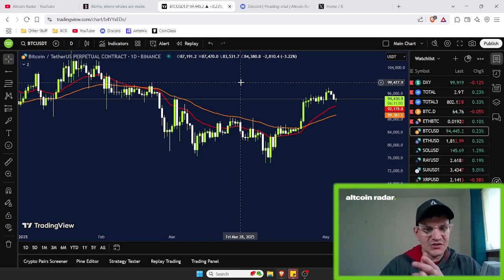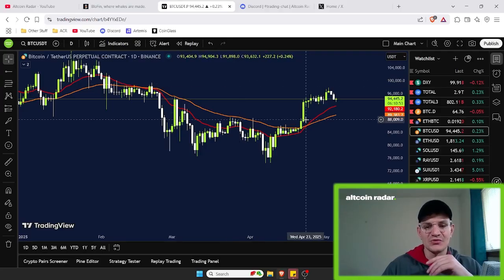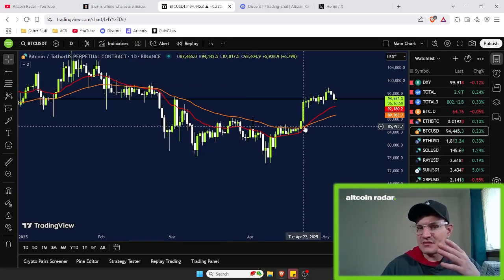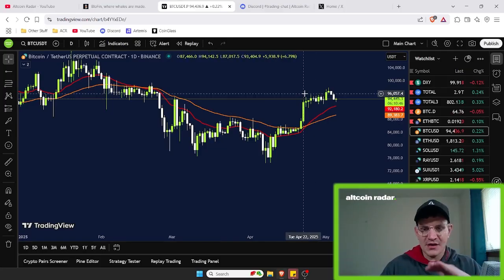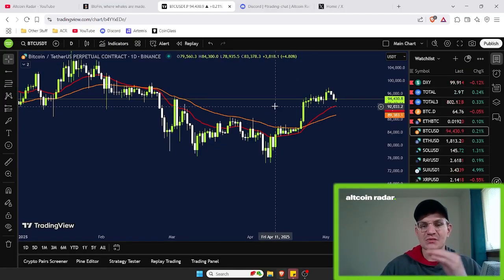You can use Fibonacci retracement levels. You can use all kinds of different things to confirm your overall bias. But regardless, you want to be confirming your overall bias. So don't just look at these crosses and immediately think to yourself, oh, they're about to cross, so I should go long. No, you don't want to do that. You want to confirm that bias with another level to make your overall confidence in the trade much stronger.